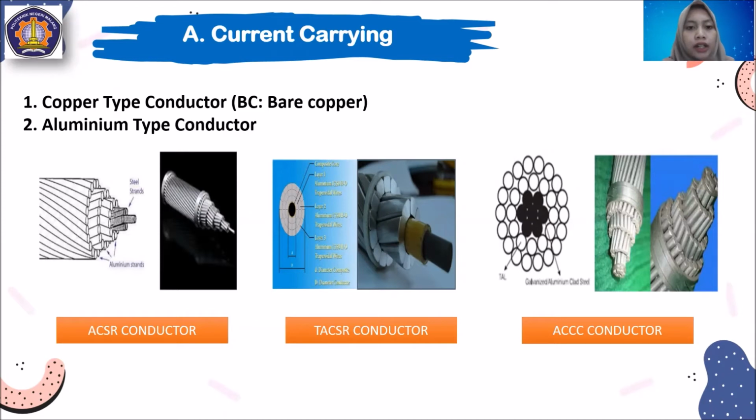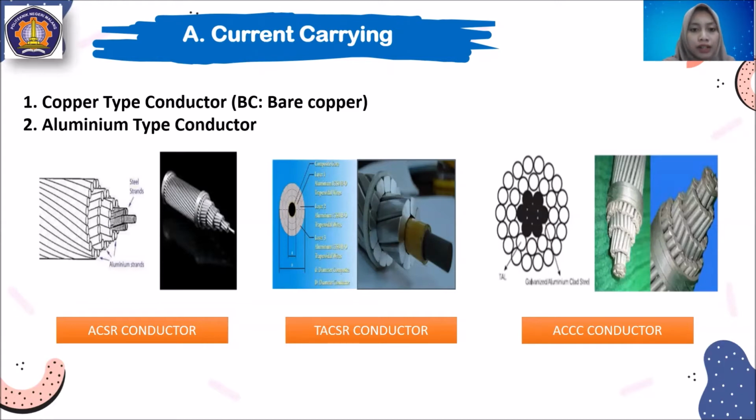And then subsystem primary. A, current carrying. Usually the conductor in SUTT or SUTET is a stranded conductor, in order to have a larger capacity than a solid conductor and for easier handling. Type of conductor by material: one, copper type conductor or pure copper.